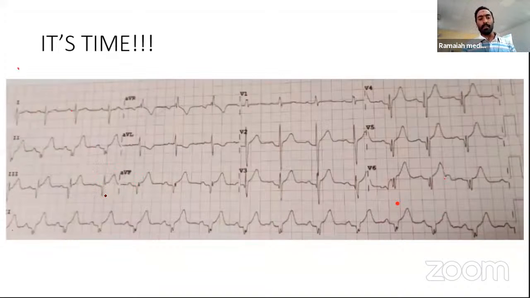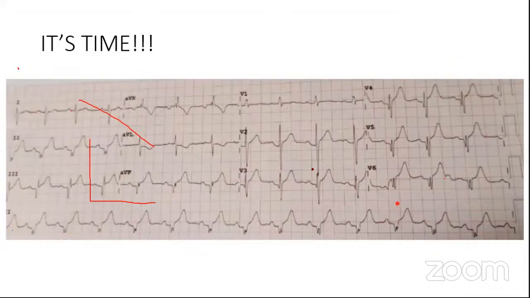So we have pathological Q waves in the inferior leads. Then in 1 and AVL, there is no Q wave. What about the precordial leads? Anything you are seeing? The R wave progression is normal.